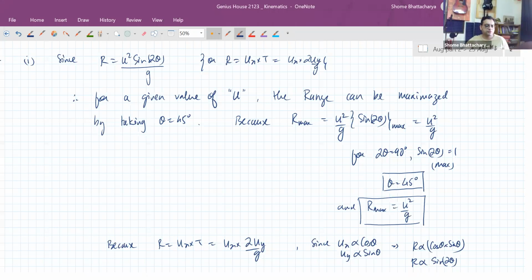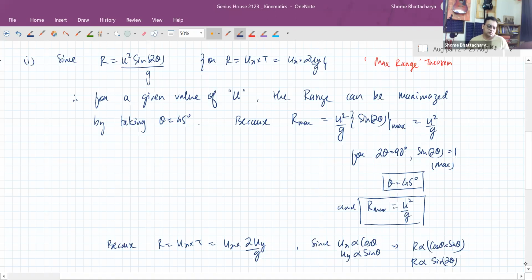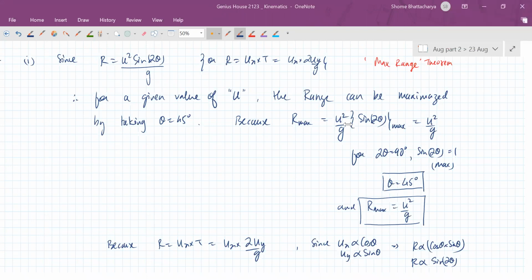The concept is clear now for maximum range theorem. Okay, this is done, better.